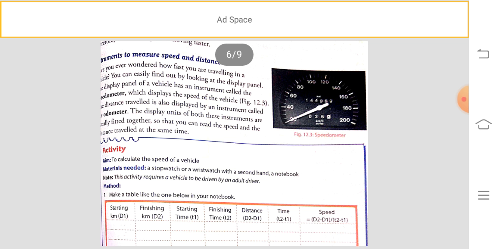The instrument which tells us the speed of the vehicle is known as a speedometer.